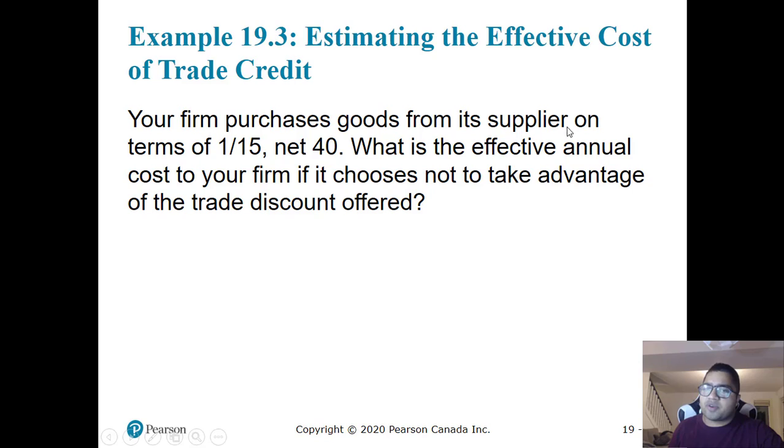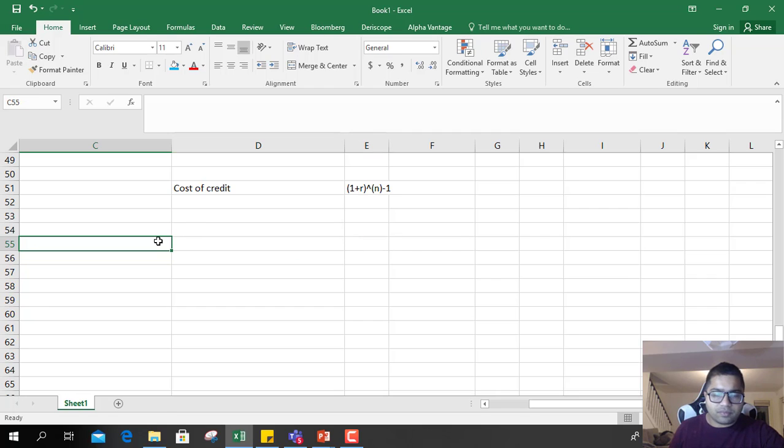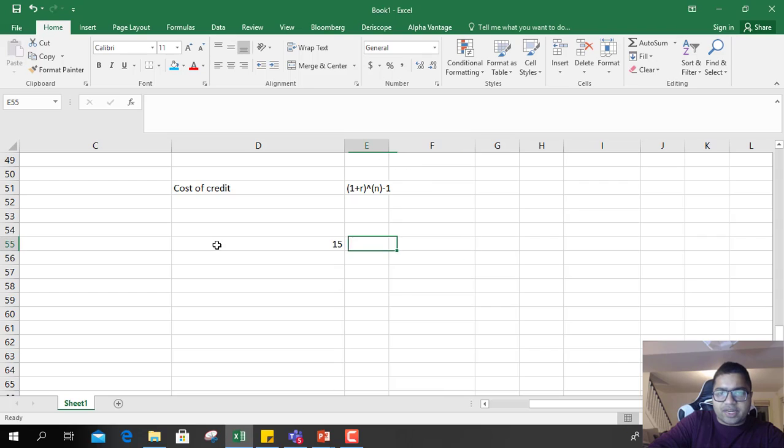Your firm purchases goods from its suppliers on terms of 1/15 net 40. What does this mean? That you get a 1% discount for the next 15 days, and the total credit period is 40 days, and you pay 100% if you do not pay within the discount period. So how is it structured? Let's say 15 days and total credit period is 40 days. 40 minus 15, so 25.